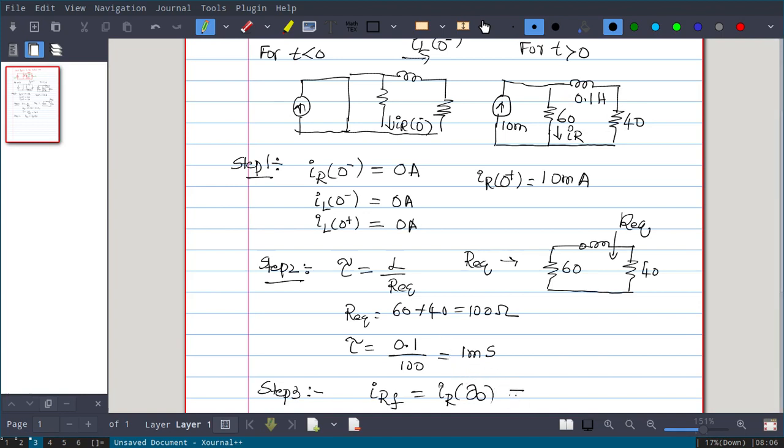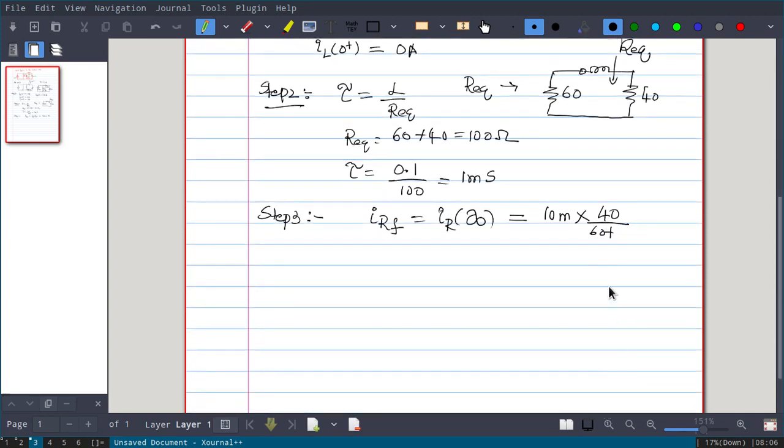That is the total current, 10 milliampere, times the resistance of the other branch, 40, divided by the total resistance, 60 plus 40. So it is 400 milli divided by 100. So this will be 4 milli.